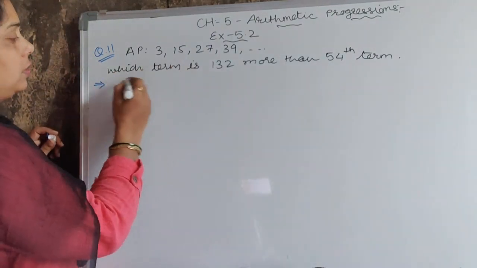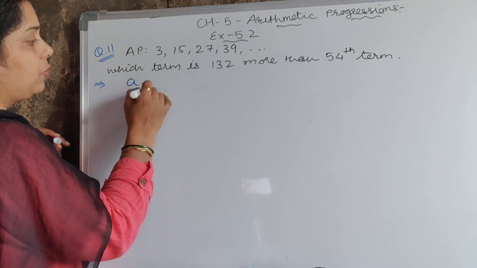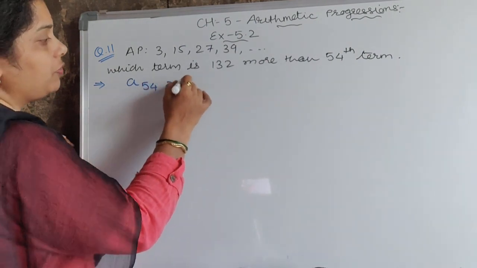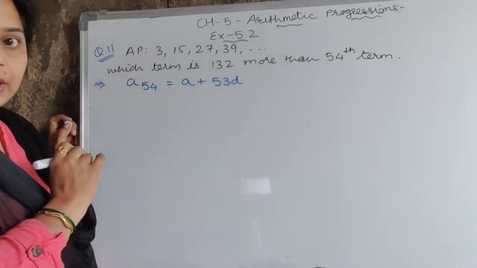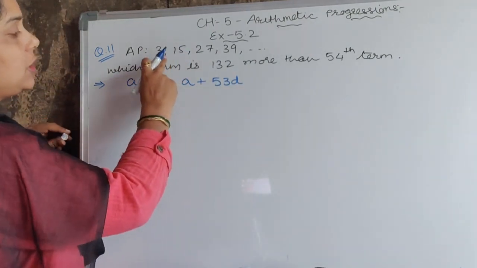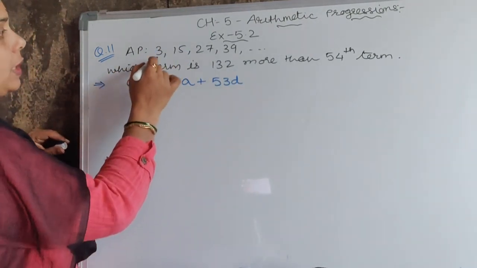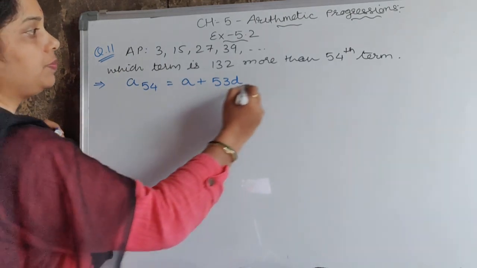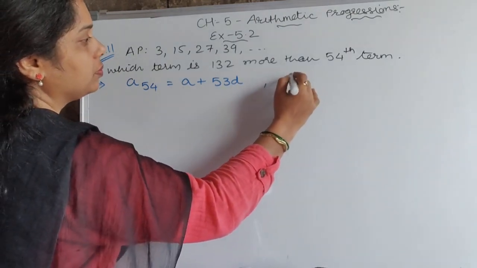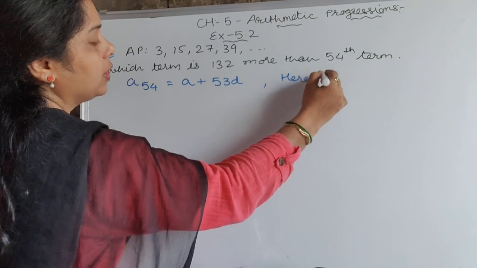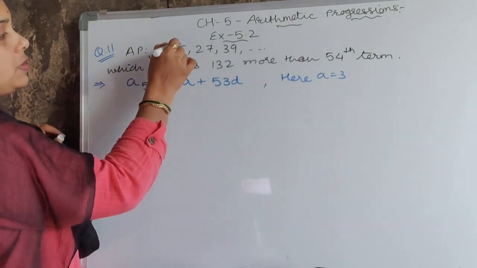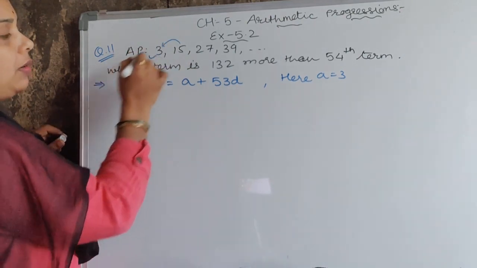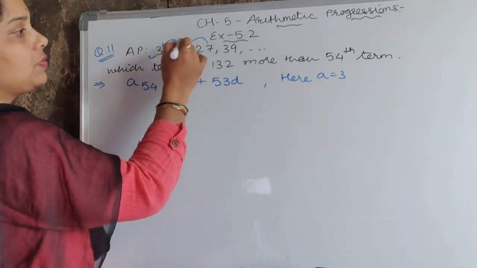Let us first find out A54. So A54 is A plus 53D, right? Now if you see the AP, here A is equal to 3. And what is the common difference? 15 minus 3, 12. 27 minus 15, 12.